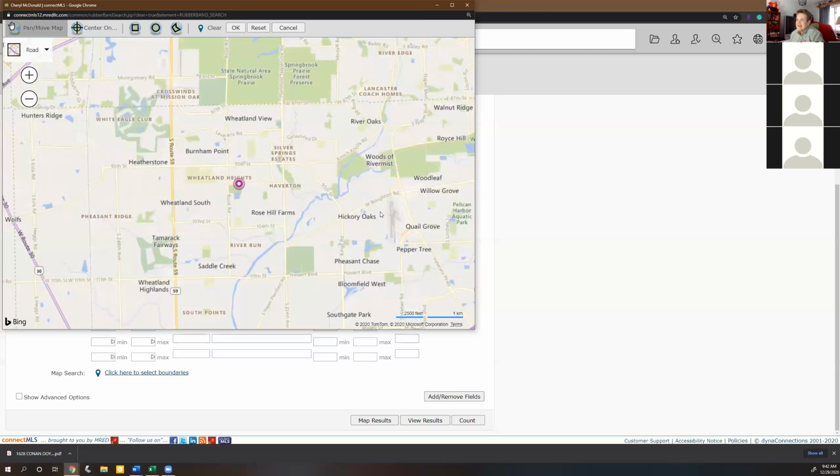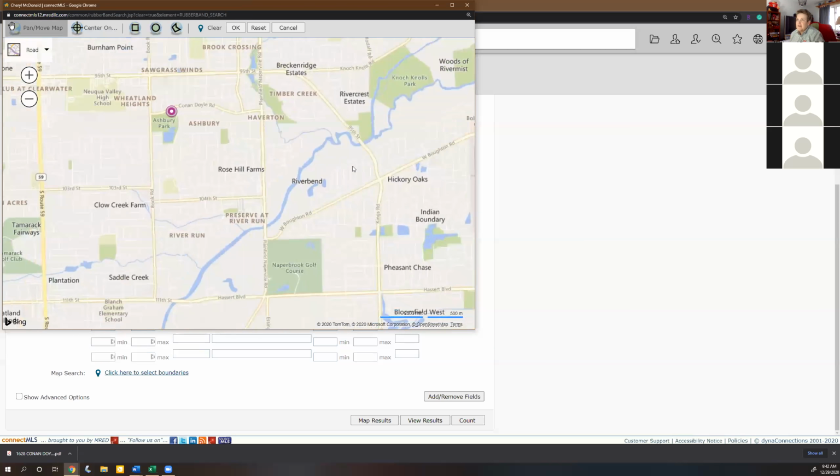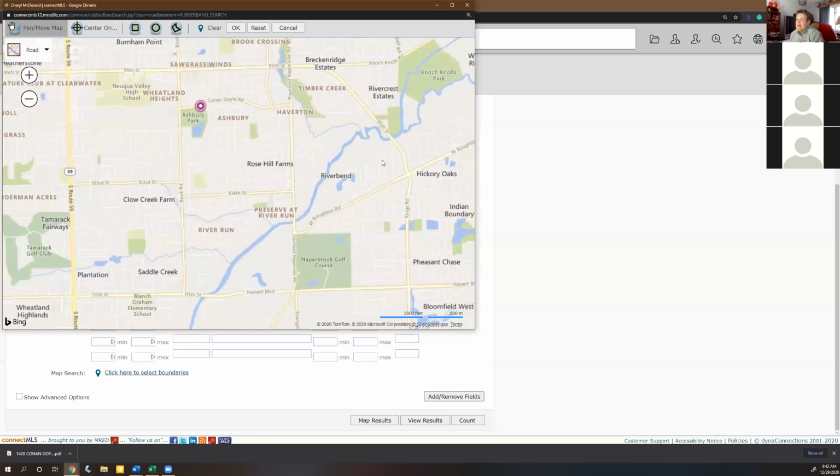Okay, only this time I want to be really specific. I'm not terribly familiar with this neighborhood or the surrounding areas. Conan Doyle looks like it's a divider street. Now I know for sure I'm not going to go on the other side of Book, and I'm not going to go on the other side of Plainfield Naperville Road.